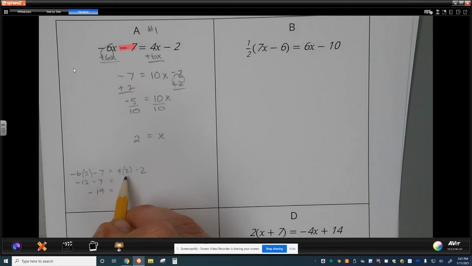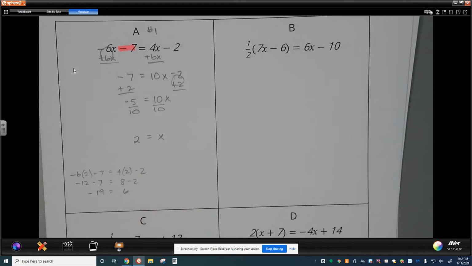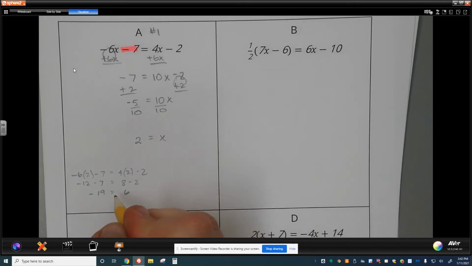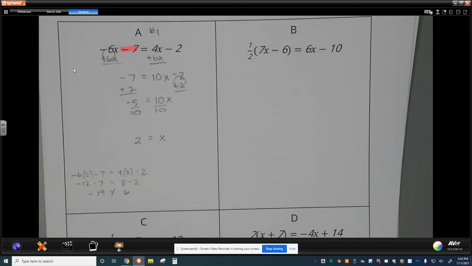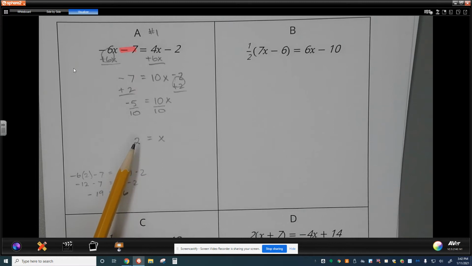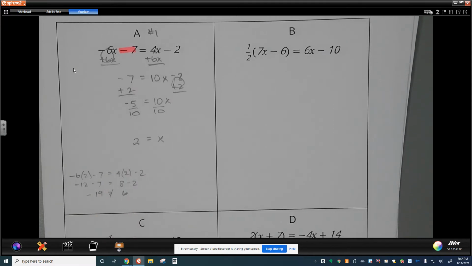Okay. 4 times 2 is 8. 8 minus 2 is 6. And I know that -19 is not equal to 6. Therefore, my solution that I thought was 2 can't be correct because it does not make my original equation true. So I have to know that I made a mistake here.